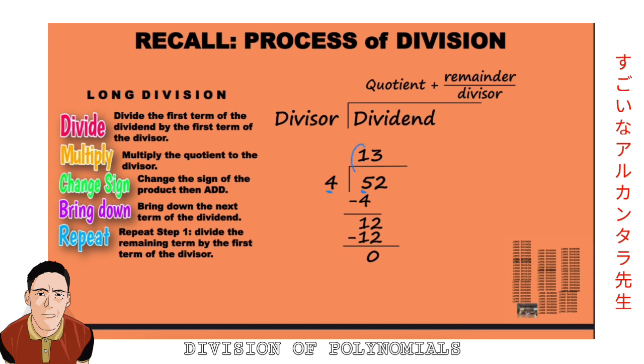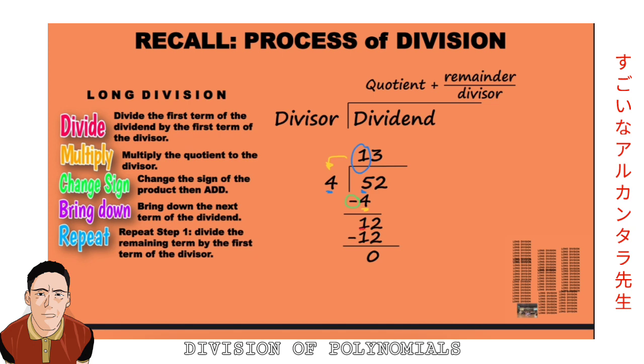The answer is 1. Then we multiply 1 by 4, and the answer is 4. Now we change the sign, hence the negative symbol here, because 1 times 4 is positive. Change the sign of positive 4, you get negative 4. So do the operation, 5 minus 4, you get 1.